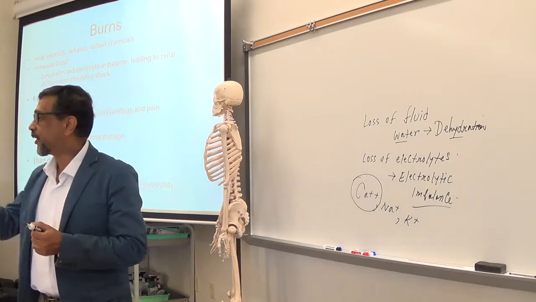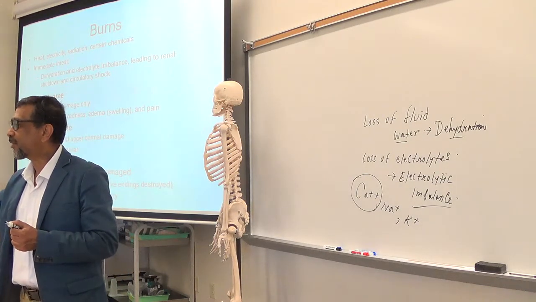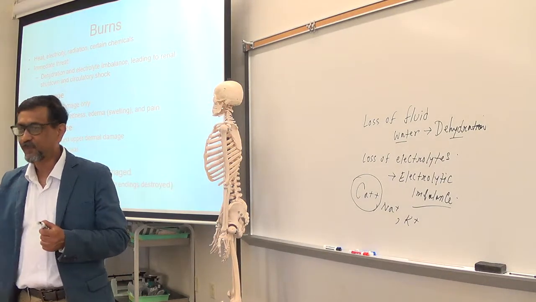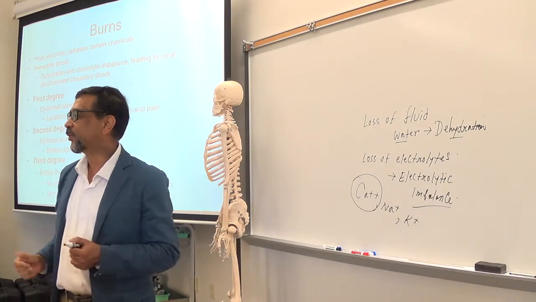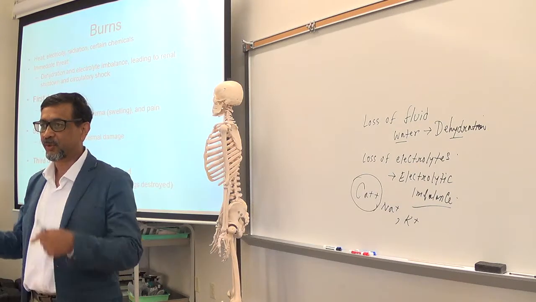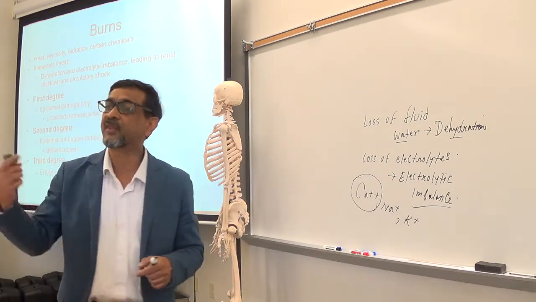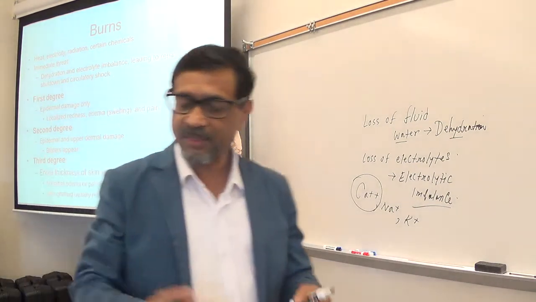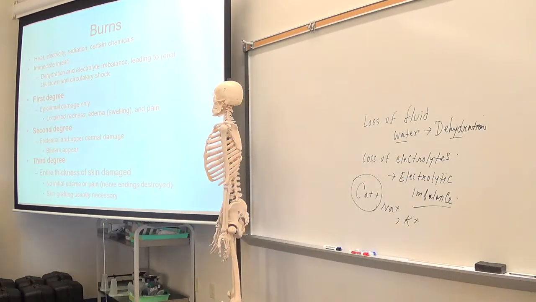Potassium is very important for the function of your heart. Make sense? Contraction of the heart. So if you lose those electrolytes from the body, that can cause serious consequences. Dehydration can cause serious consequences. So these are the reasons why burn patients may die.